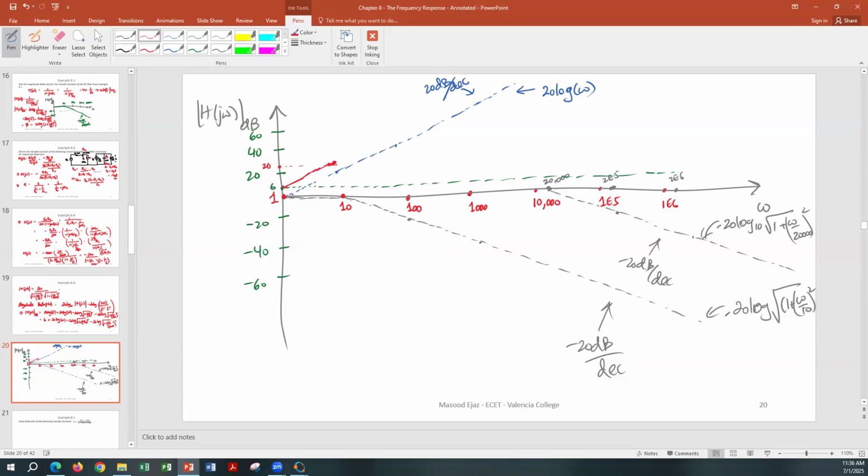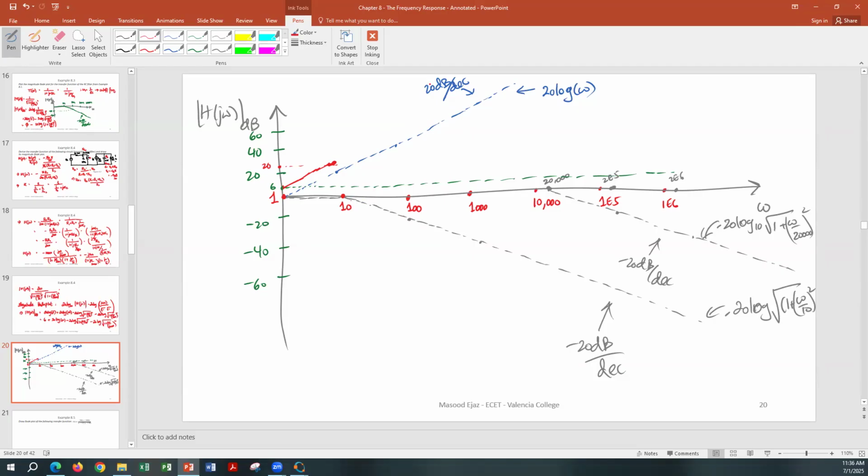So we are adding this line 6, and we are adding this blue line, which is increasing by 20 decibel per decade. Now at 10, what happens? This is increasing by 20 decibel per decade, and this starts decreasing by negative 20 decibel per decade. So they're going to cancel each other.